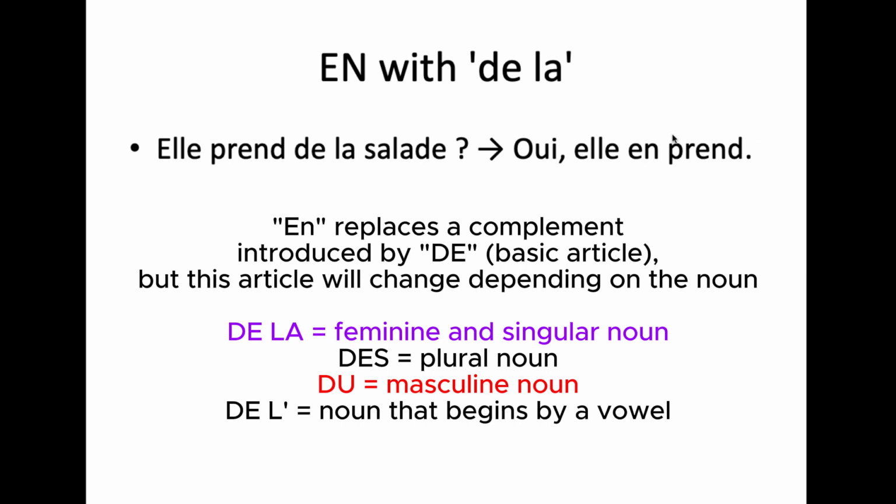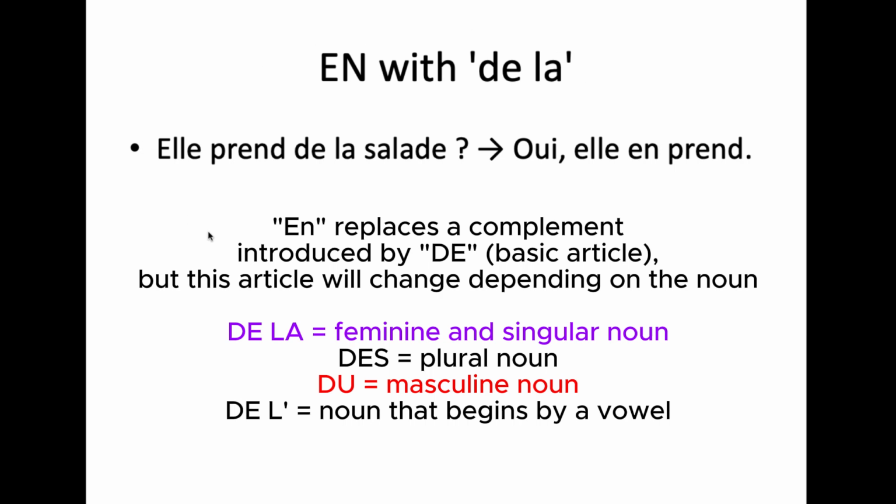So in English we don't have a direct translation of that, but in French it's very important to know that, because we cannot say oui, elle prend, because the person who asks the question will say what, elle prend, like, what does she take? So we have to always put en, which refers to the complement of the first question.